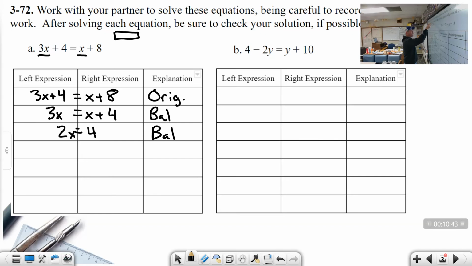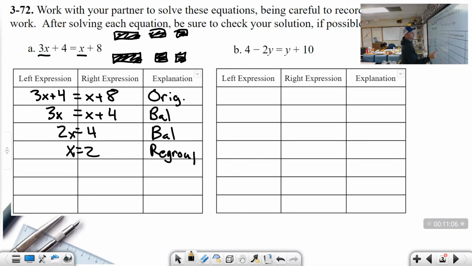If I have two x tiles, shaded is positive, and I'm going to put 4 tiles in 2 groups. 1, 2, 1, 2. That means that I now have x as 2, my regroup. Now, here's what you have to do to check your solution.